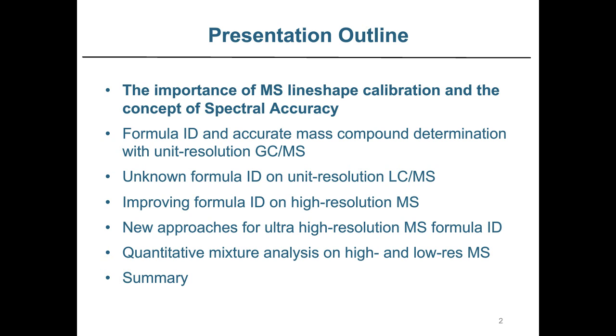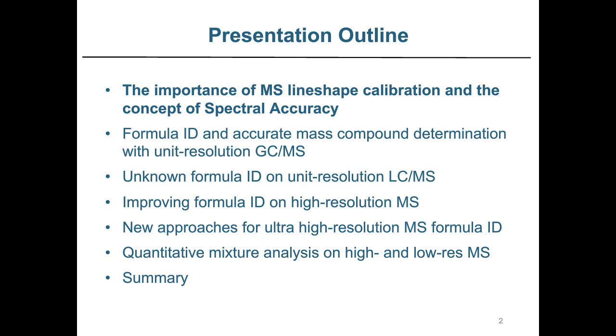From there, we're going to move to some application examples on single quad unit resolution LCMS instruments. And then we're going to look at applications of spectral accuracy to high resolution MS. Next, we're going to look at some very new approaches that have been developed recently for performing unknown formula ID on ultra-high resolution mass spectrometers.